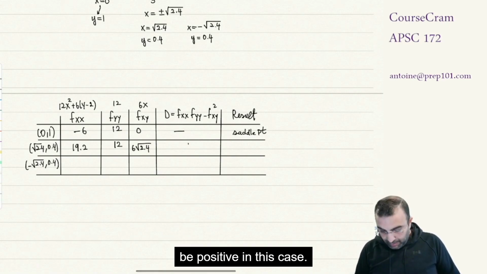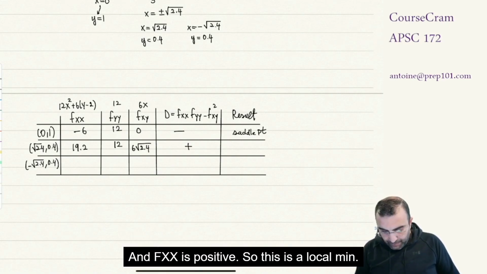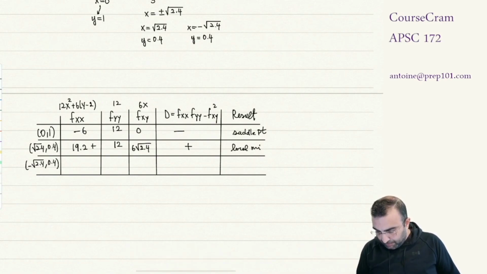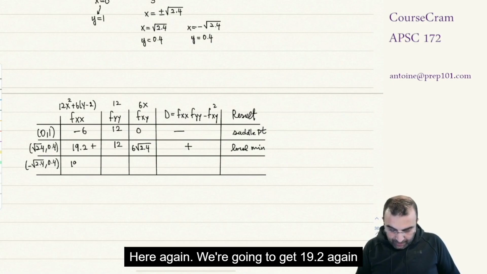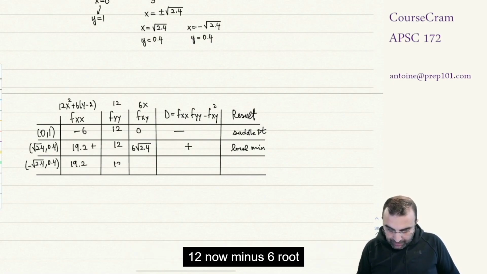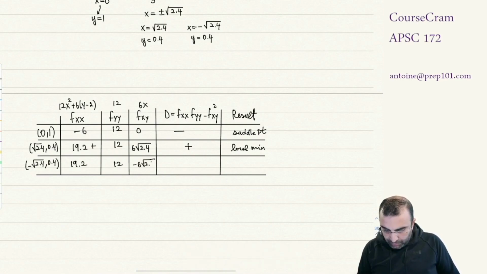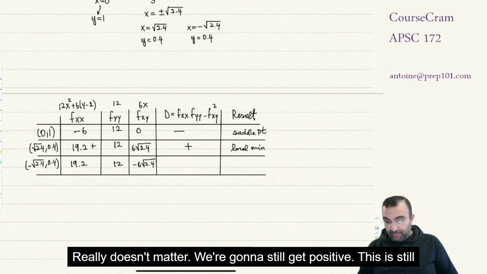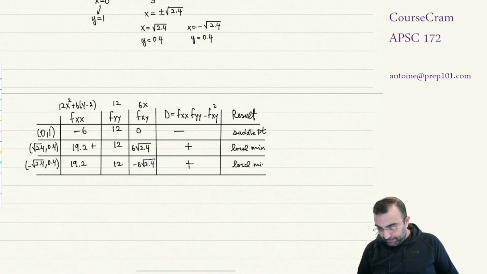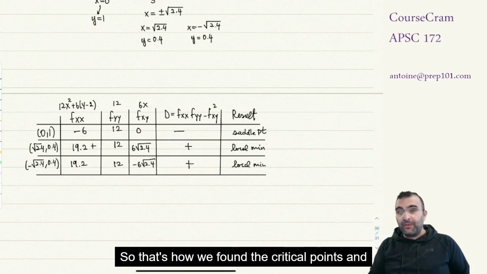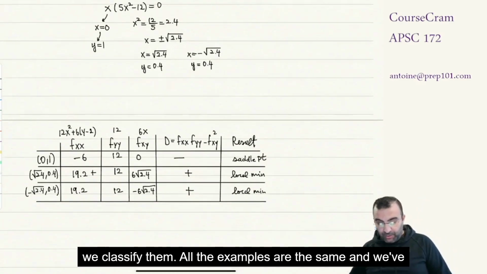D will be positive in this case, and fxx is positive, so this is a local min. Here again we're going to get 19.2, again 12, now minus 6 root 2.4. Really doesn't matter, we're going to still get positive, this is still a local minimum. So that's how we found the critical points and we classified them.